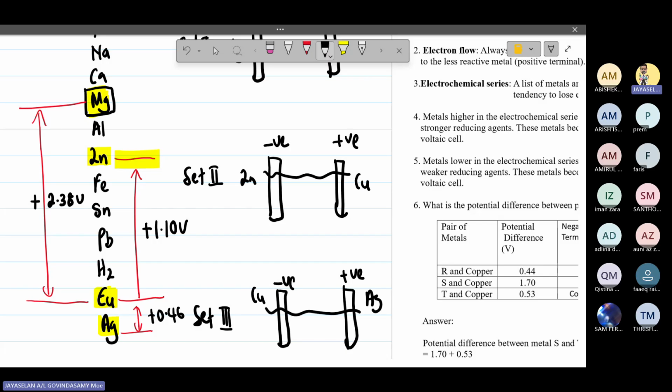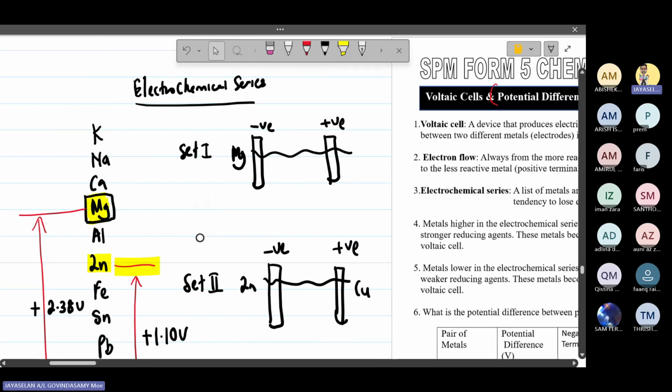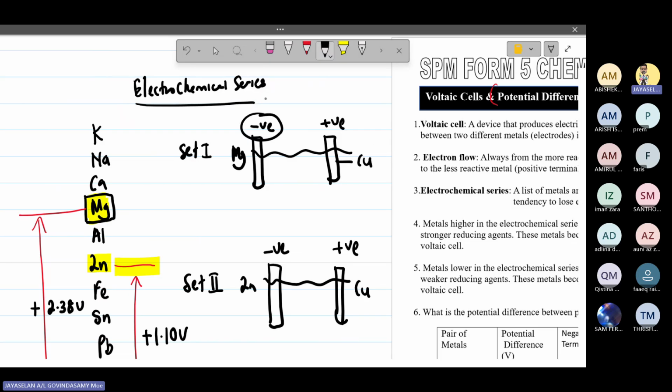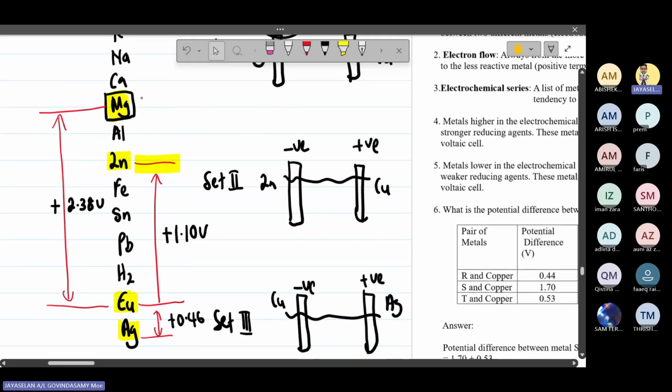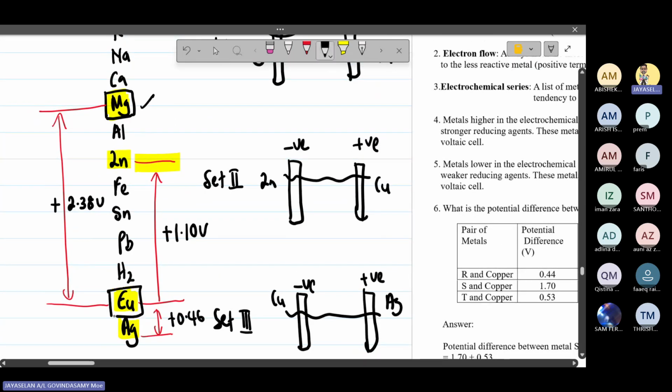Ini kena hafal lah. One more, you must remember, untuk ni negatif siapa? Negatif maksudnya magnesium, ini adalah copper kan? Siapa atas, siapa bawah? Magnesium atas, copper bawah. Kamu tengok di sini. Magnesium atas, copper bawah.